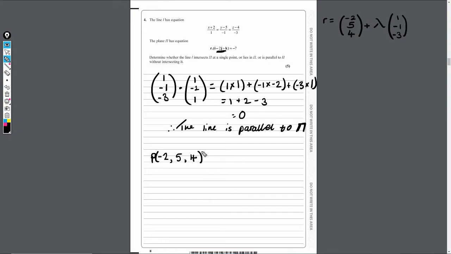Okay, so again, use this point now. If we use our normal vector here, substituting this point in, what we should get, if it does lie on the plane, is minus 7. If it doesn't, then it doesn't lie on the plane.